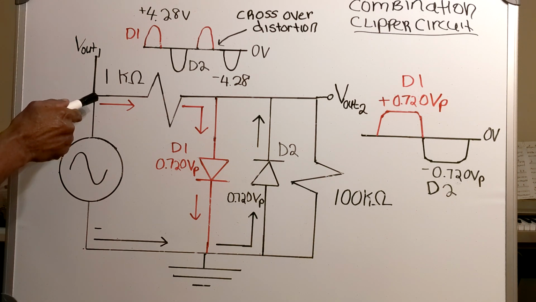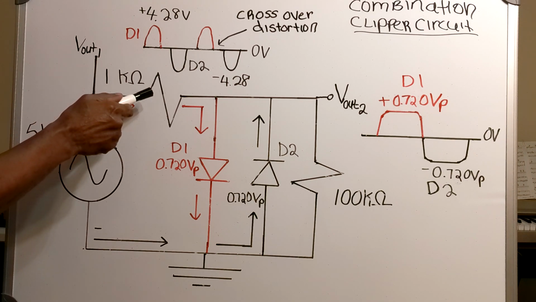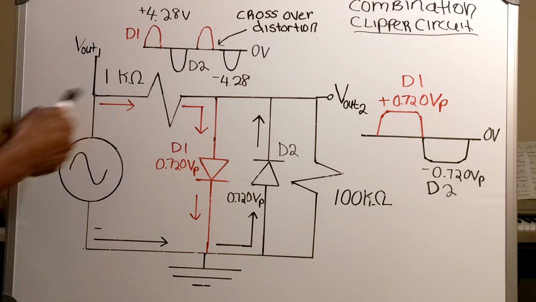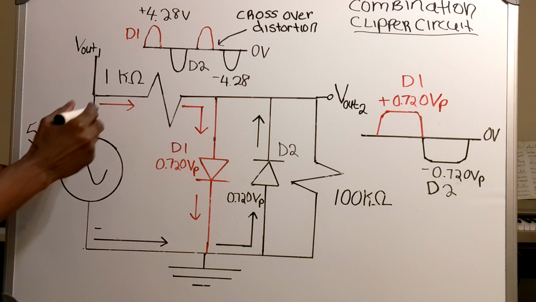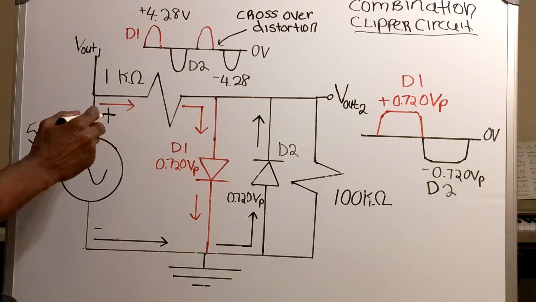Now I've got my current flowing through the 1K ohm resistor, and this current is coming from the positive half cycle.